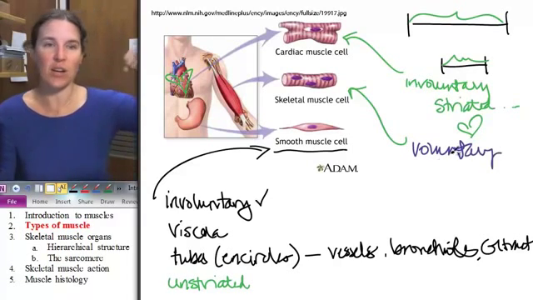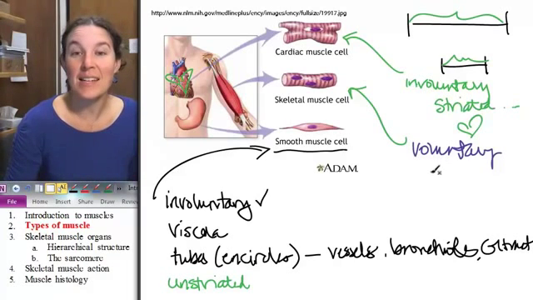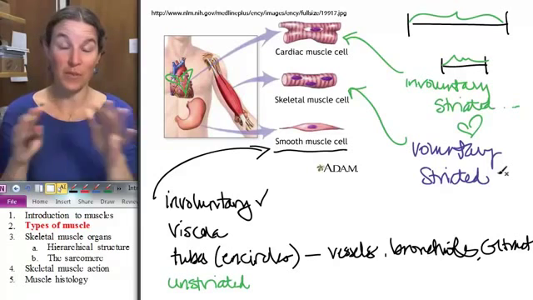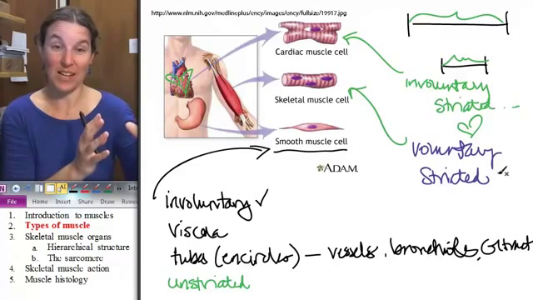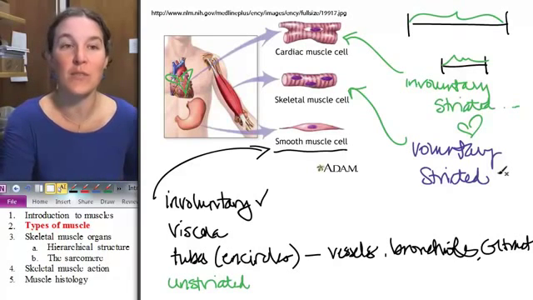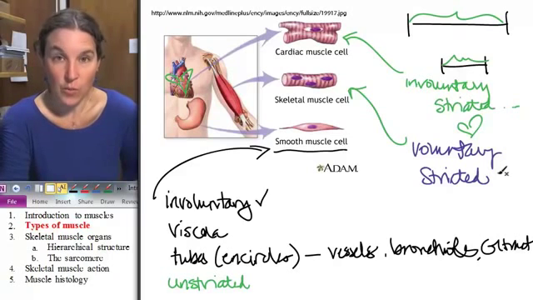I can voluntarily flex that massive bicep. And it is striated. Skeletal muscle, that's where we're going from here on out. We've done smooth. We will do cardiac. Skeletal muscle is the focus for the next chunk. Our skeletal muscle organs, we've got 3 labs on them.